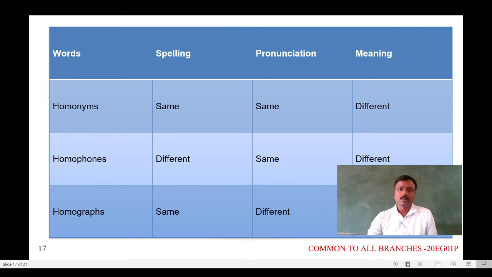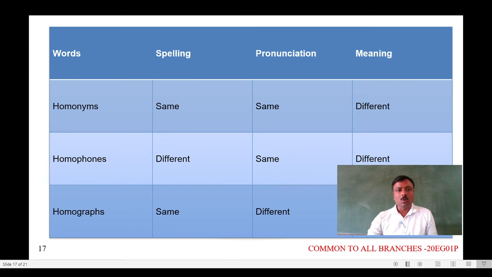And one more homonym, band. One band means a musician group, another band means wristband. So like this we can use many homonyms.